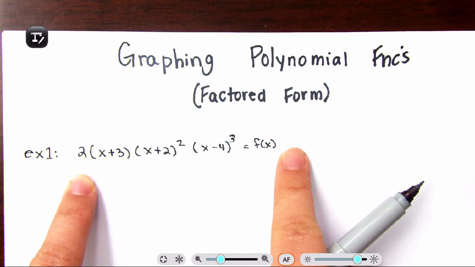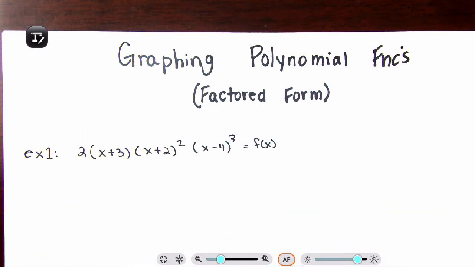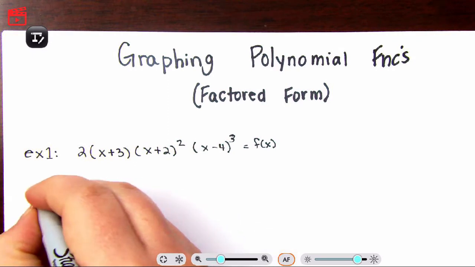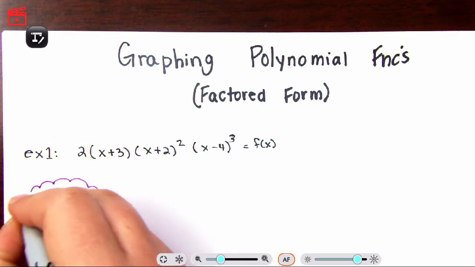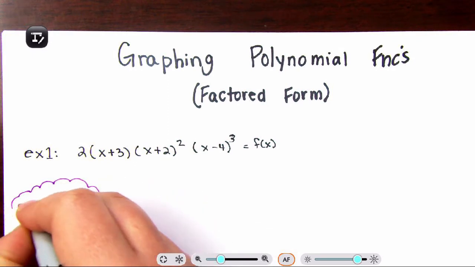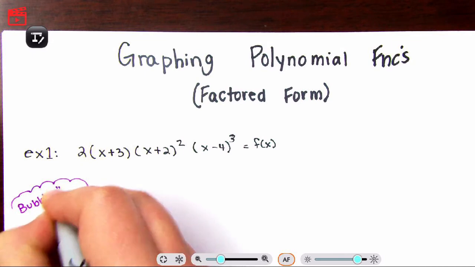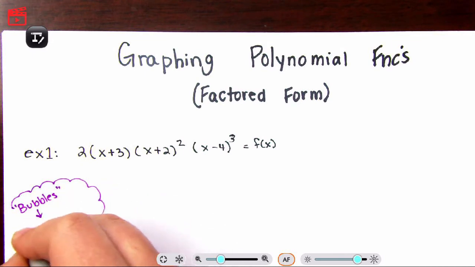Now, factored form is not expanded, so what you have is you have these bubbles. This is what I call the bubble. So a bubble, let's actually do a thinking bubble for the bubble. I'm going to be referring to bubbles. And bubbles are just grouping for parentheses.